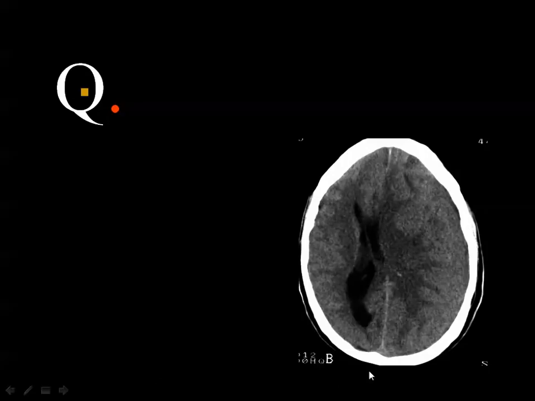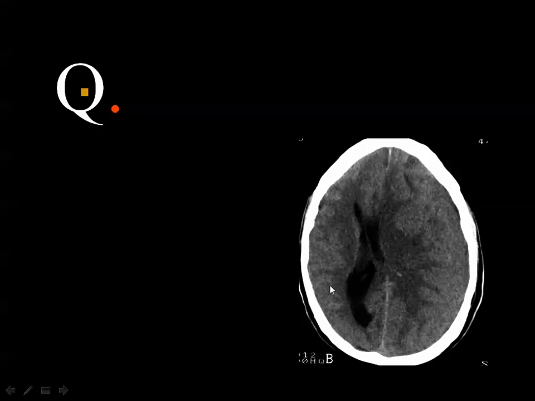CT brain, axial soft tissue window without contrast. Yes, there is a mass effect on the left lateral ventricle, which is compressed and displaced to the opposite side. And you can still see the gray-white matter interface, denoting that the lesion is outside the brain.